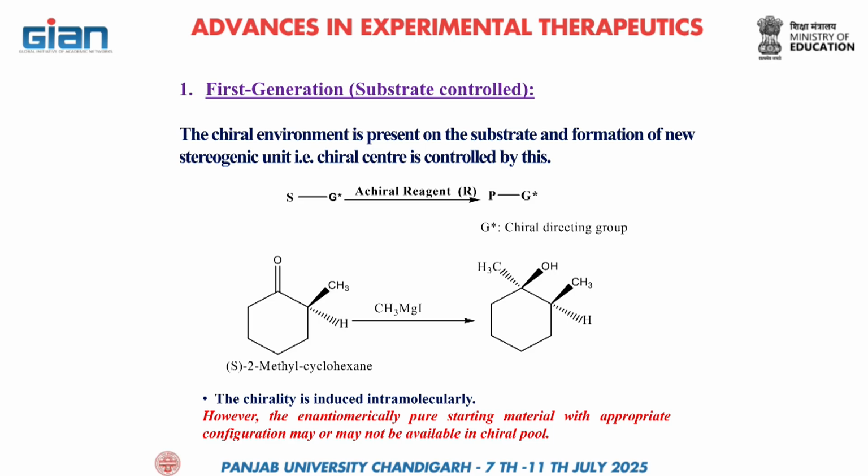So in your starting substrate, you have already placed one chiral unit adjacent to the carbonyl group. Now you react it with methyl magnesium iodide, or we call it RMgX.